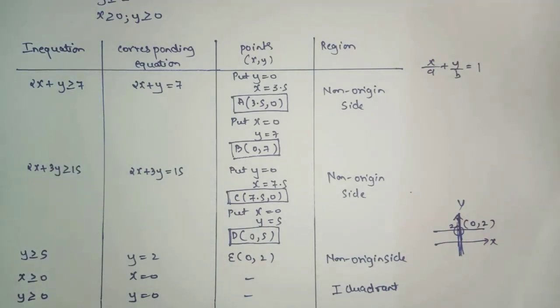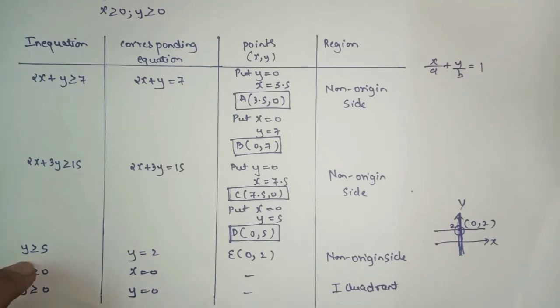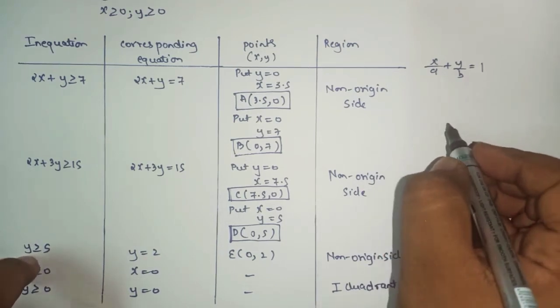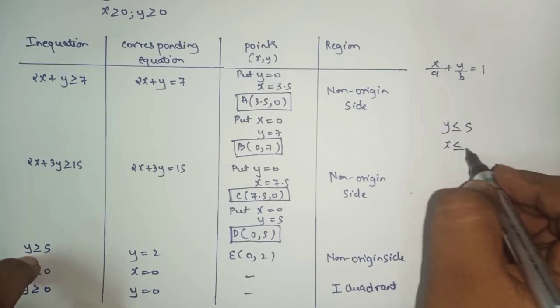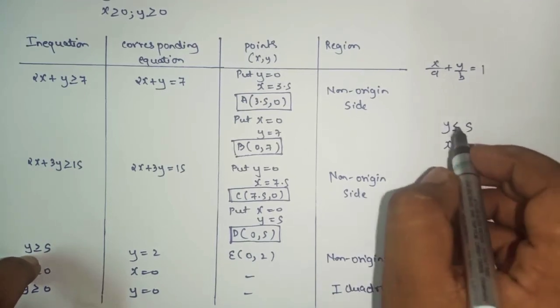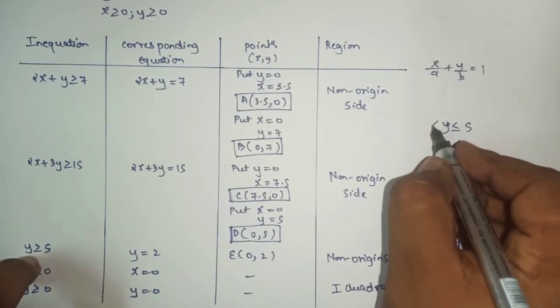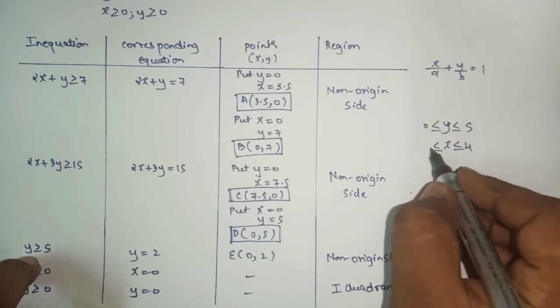In the exercise there are 3-4 sums where you will see y greater than equal to 5, somewhere it will be y less than equal to 5, x less than equal to 4. Before this y and x they will give a 0.